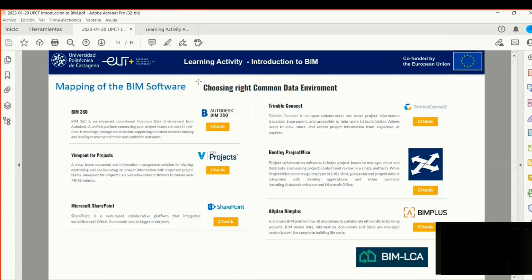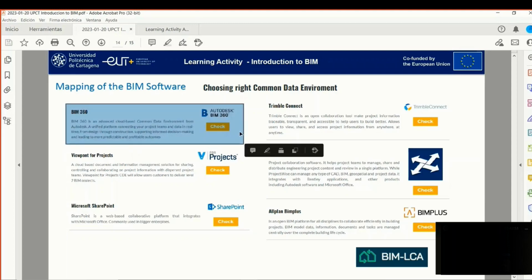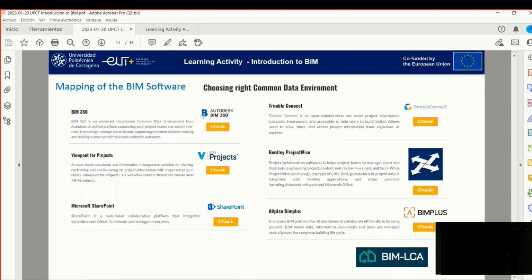For this part, for the common data environment, there are also several platforms. Okay, BIM 360 is from Autodesk. I think the name of this platform is changing. I'm not sure if now it's BIM Construction or something like that. Viewpoint is another platform.